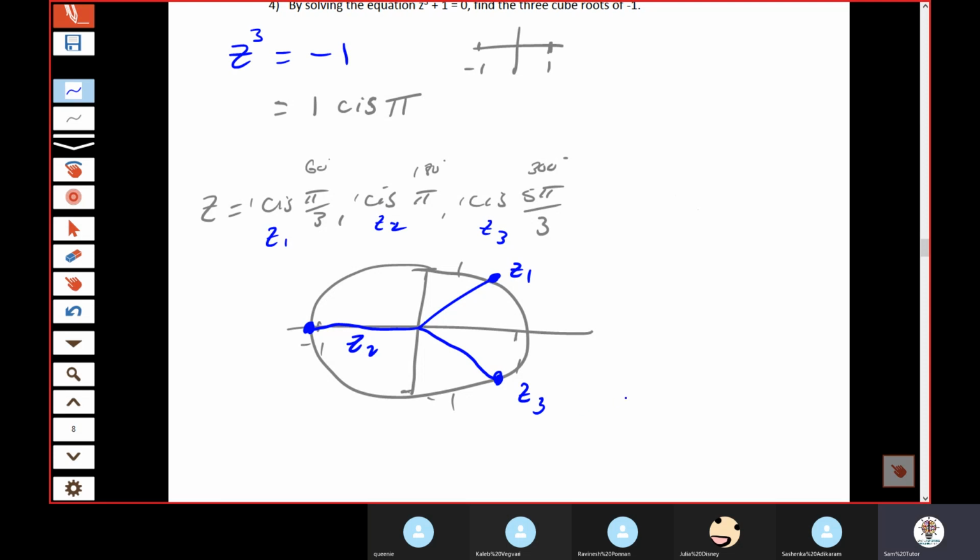Anyone see anything special with the way I've drawn it? It's going like in a circle. It's the angles. What else?